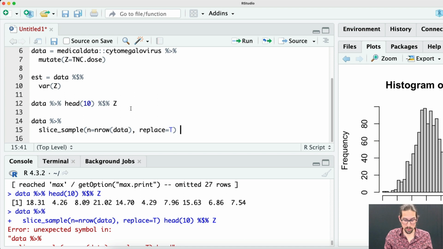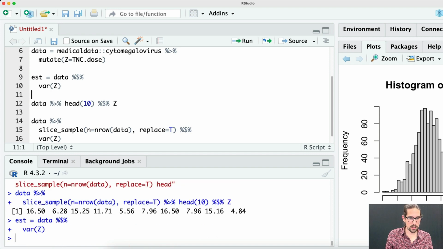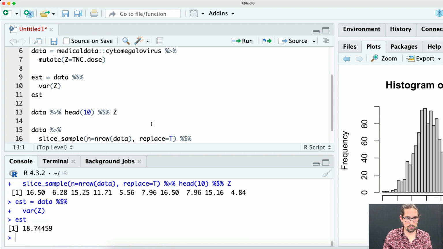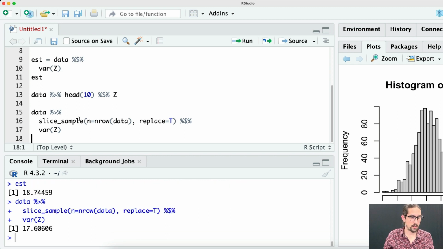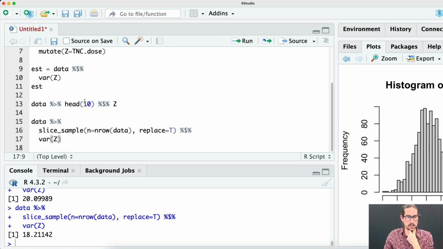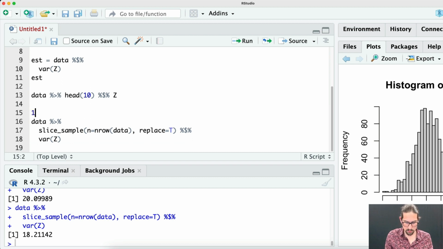I've gotten the bootstrap sample, and now I can take the variance of z in that bootstrap sample. You can see in the real data set I got 18.7, and in the bootstrap sample I get 17.6. In the next bootstrap sample I'll get 17.4, 18.6, 20, and so on. Okay, so let's construct the sampling distribution by doing this process many times.